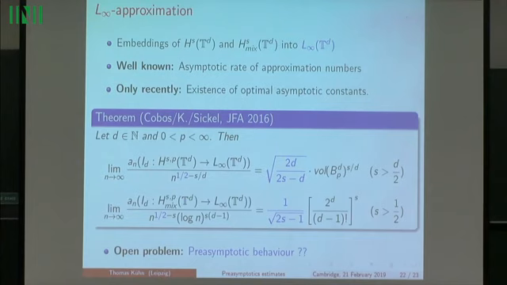Fairly recently, a few years ago, with Fernando Cobos and Winfried Zickel, we got a relation between approximation numbers of embeddings into L-infinity and, in this case, if the spaces embed in L-infinity, they also embed in L2. So we got an expression for the approximation numbers for L-infinity approximation via L2 approximation.